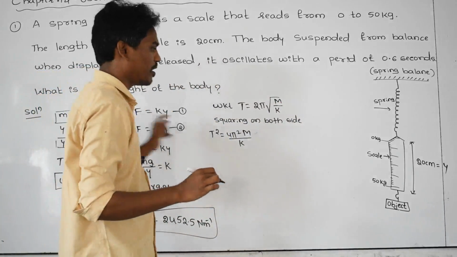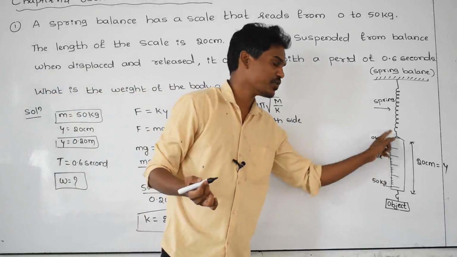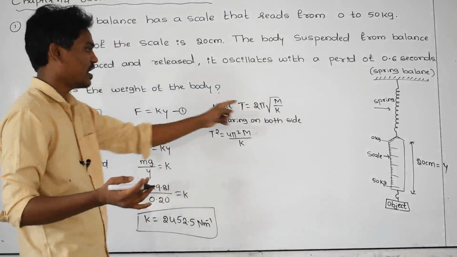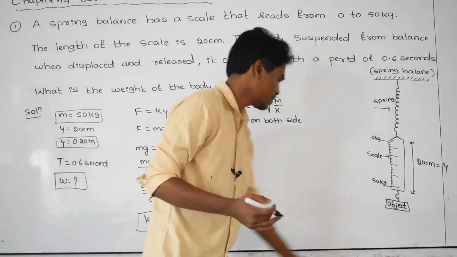This is the mass, meaning the maximum capacity that the spring balance has to measure. How much mass? 50 kg, that is this one. And capital M is the mass of this object.